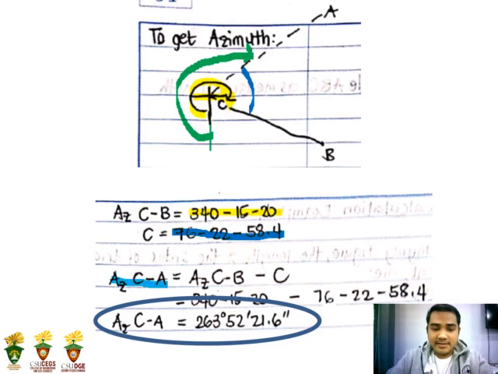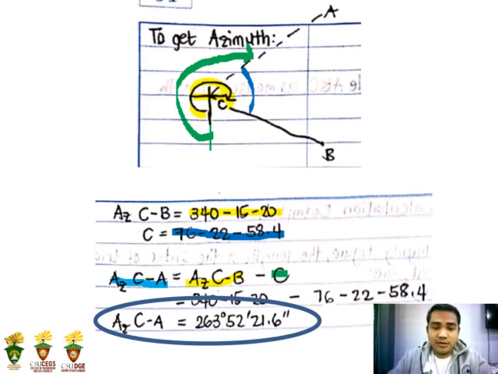So klaro sa figure nga ang azimuth of the line C to A is just ang azimuth CB, minusan lang nato siya og angle C nga atong nakuha kanina. So substitute, azimuth of the line CB is 340, 15 and 20.